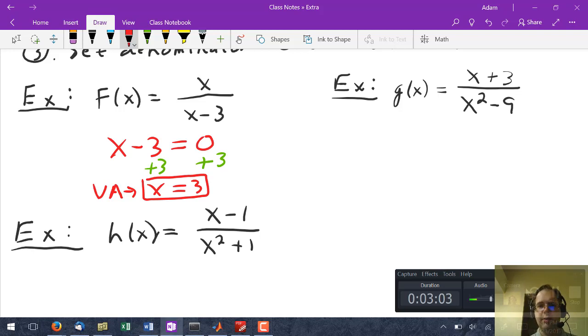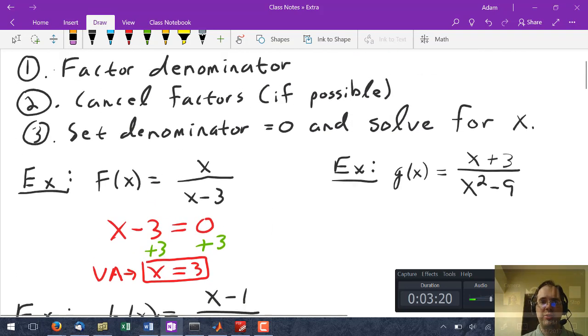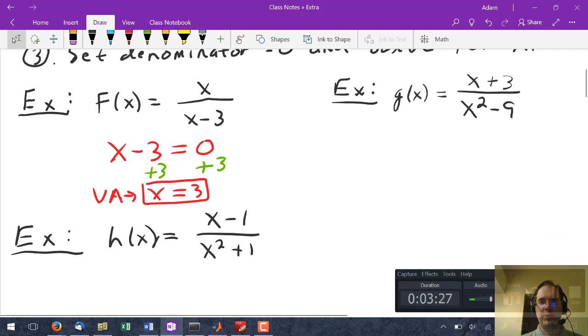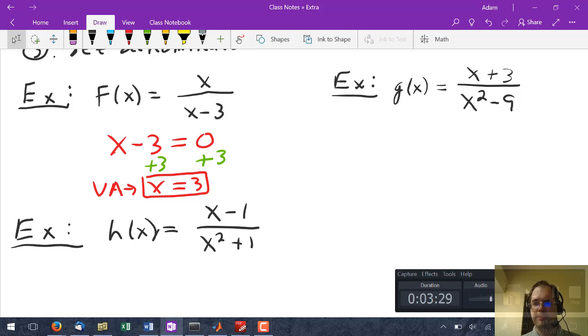On this next example, where we have g of x, x plus 3 over x squared minus 9, what should we do first? By what I mentioned before, we first should probably try to factor the denominator, since it looks like there's something a little bit more than we had in the last example.